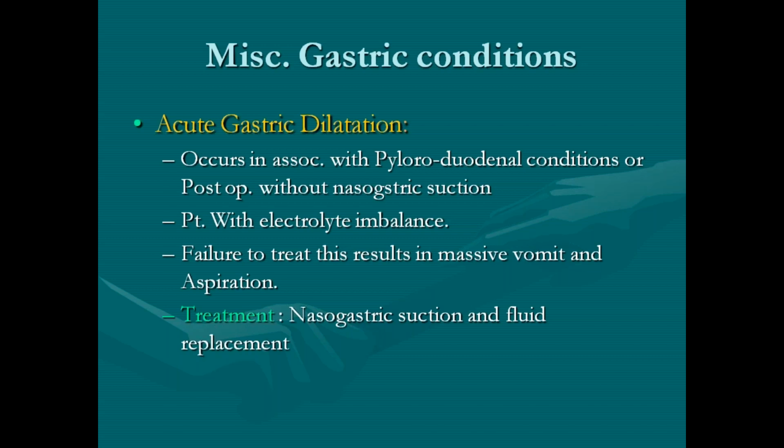True adenomas can have malignant potential, but they make up only 10% of gastric polyps. And even gastric carcinoids, as we saw in the previous class, with hyperproliferation of ECL cells, can present as small polyps. So there are different causes.